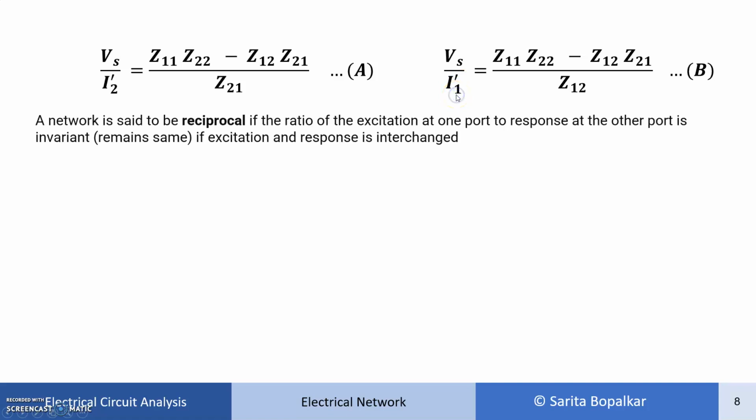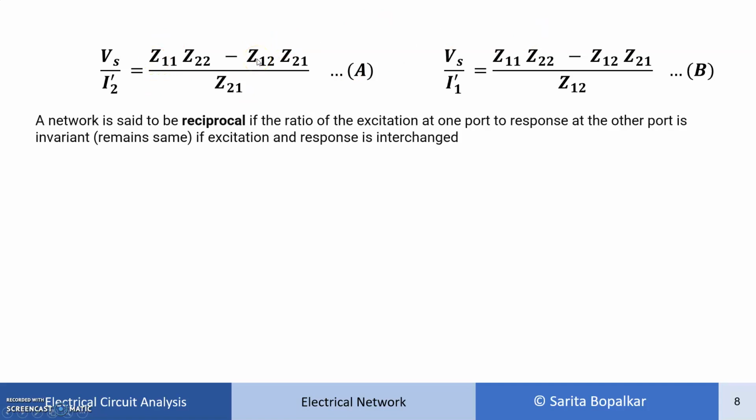Now, according to the definition of a reciprocal network, a network is said to be reciprocal if the ratio of excitation at one port and response at the other port is invariant, or remains the same, if excitation and response are interchanged. So we have taken both ratios by interchanging excitation and response, and these two ratios should be the same.